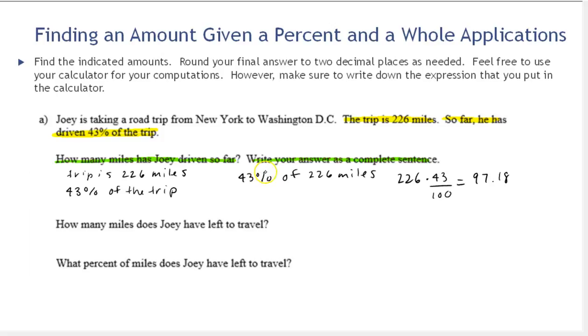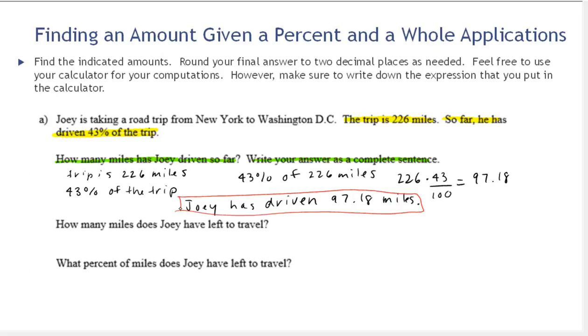Okay, so as a complete sentence, Joey has driven 97.18 miles. Put that in a little box.